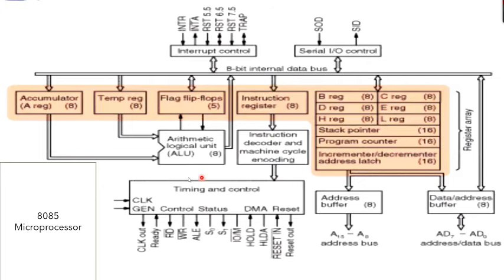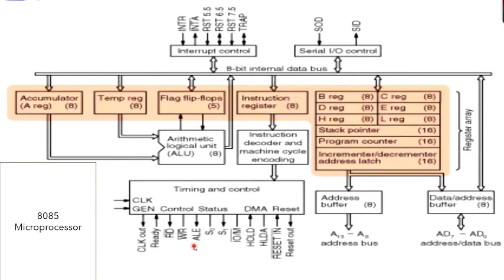Now we have discussed this component in the architecture of the 8085 microprocessor. Here you are able to see reset, with two other components: reset in, reset out, and DMA with HOLD and HLDA. And we have status S0, S1, and control READY, RD bar, WR bar, ALE.